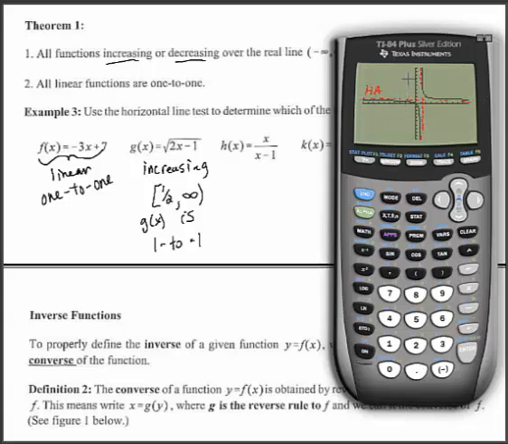So we will not have a y coordinate that has two different inputs. I also drew in here the vertical asymptote. h of x is 1 to 1.